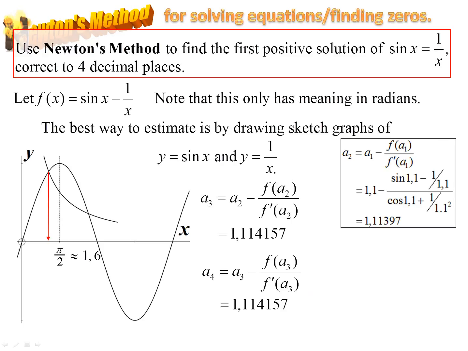That is the exact value, correct to 6 decimal places, perhaps slightly altered by approximation. So now we're going to go to 4 decimal places, and we're going to be fine. So x is equal to 1.1142, and that is the first positive solution of that equation. Try it. Use your calculator and see. You will see that it works.